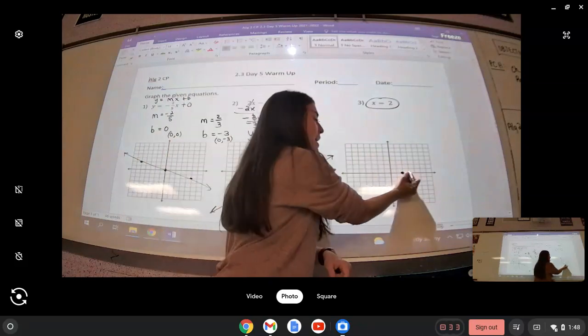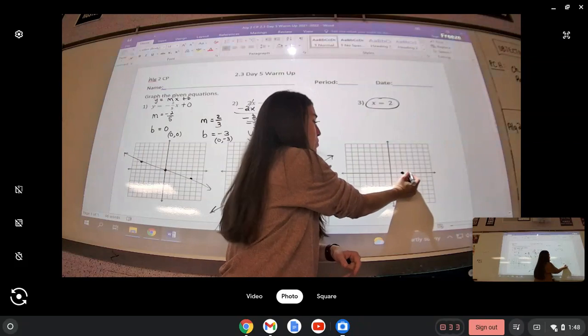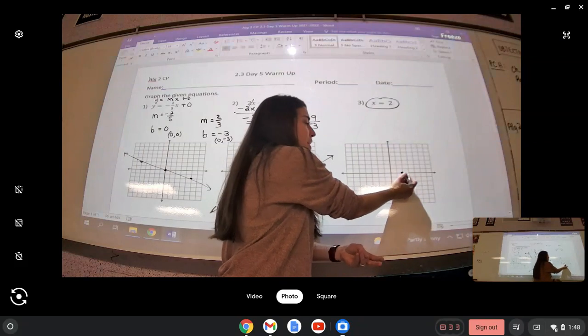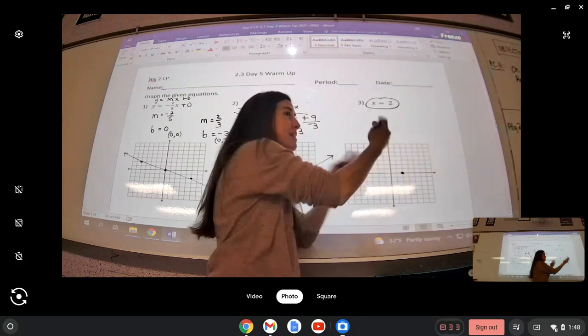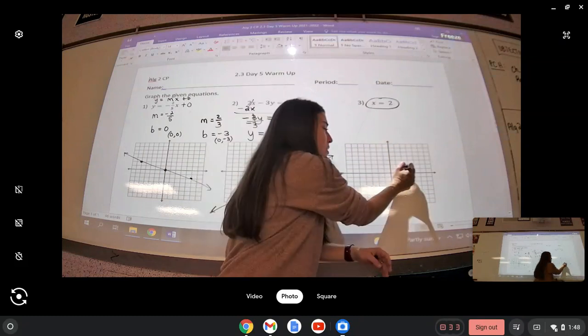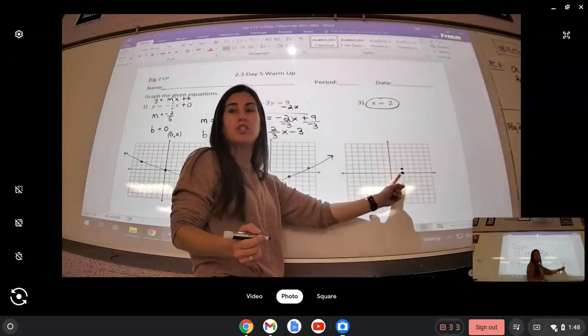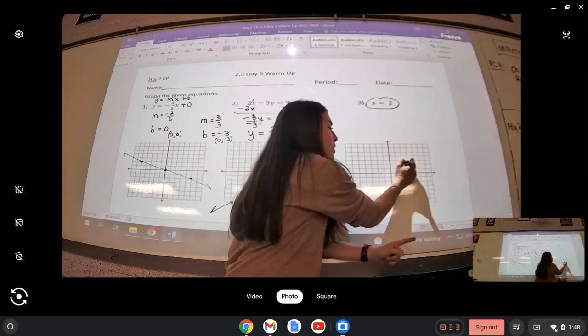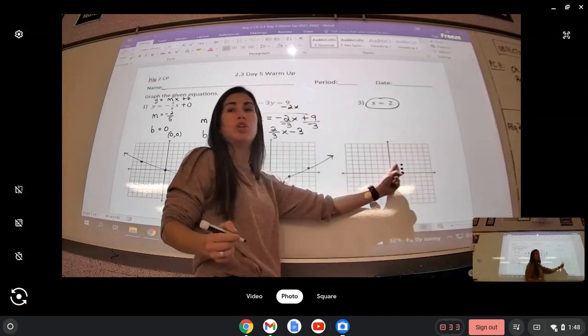So I can't go to the right because then x would be 3. I can't go to the left because then x would be 1. So I can't go right and I can't go left. I can't slant. The only way for you to be able to go then is straight up, and that's where x is still 2. That's the point 2, 0, and that's the point 2, 1. I can put a dot right here. That's the point 2, 2.